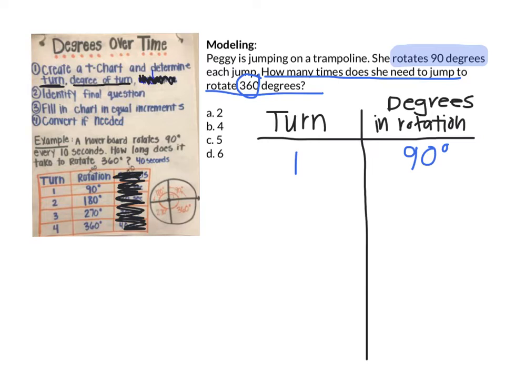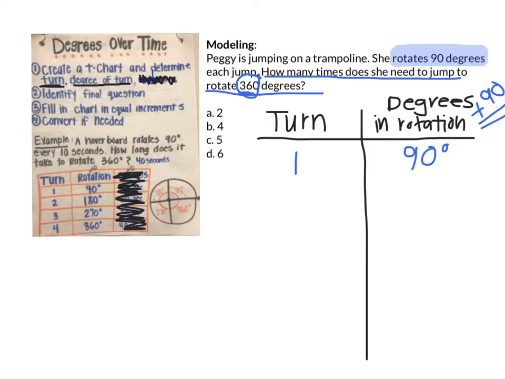So for each turn, we're going to be adding 90 degrees. So I'm going to add that rule over to the side, so that if I forget what number to add, I can just look over there. I'm going to keep doing this until I reach my stopping point. And in this problem, our stopping point is going to be 360 degrees.